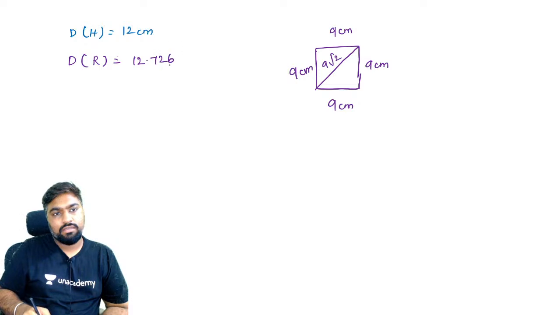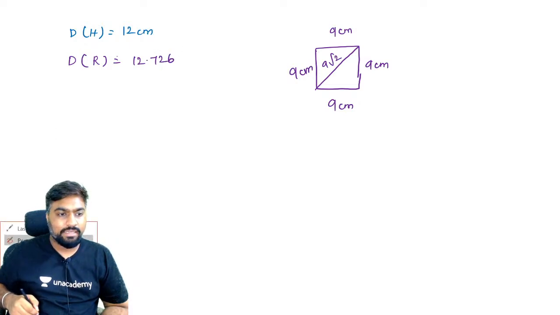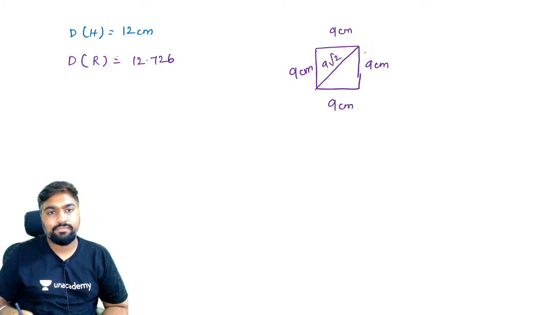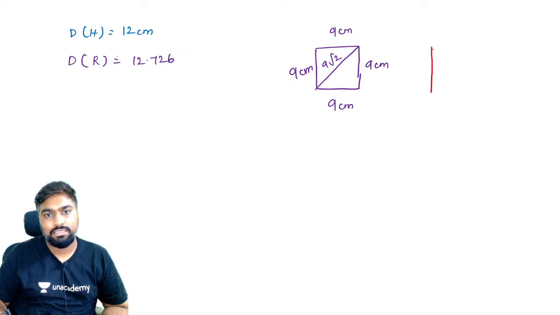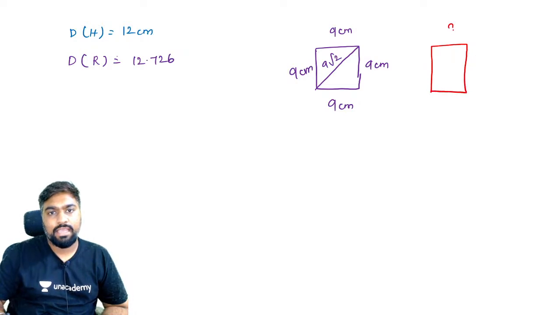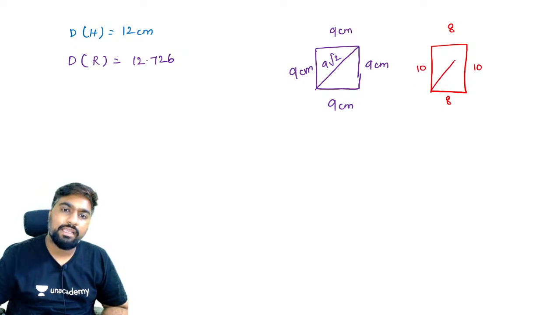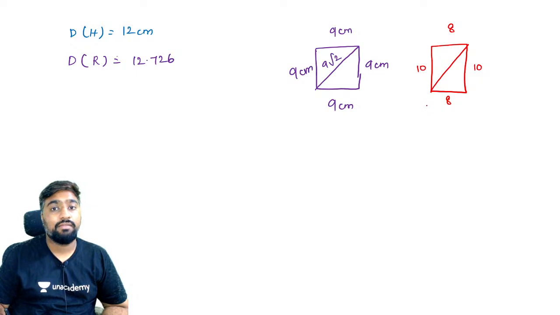12.726. So if I reduce 1 centimeter here, make this 8, and I make the other sides 10, will the diagonal increase or decrease? The diagonal will definitely increase, right? Are you getting this?